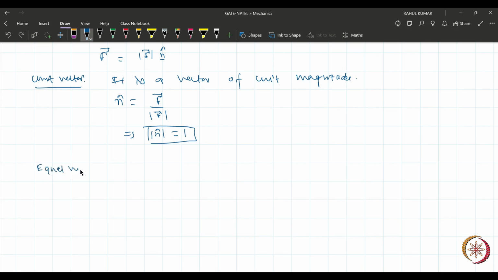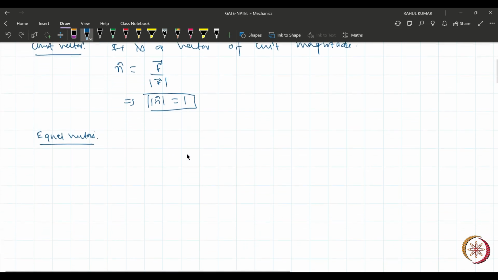What are equal vectors? Okay. Equal vector says that suppose we have a vector P. Okay. And we have also another vector Q. And we are saying that the magnitude of vector P and magnitude of vector Q are same. What are the magnitude of vectors? Means the length of this vector. Okay, that is called what? Magnitude.